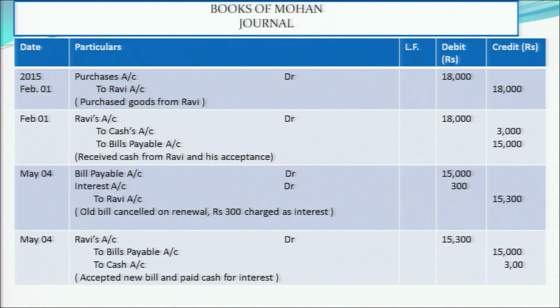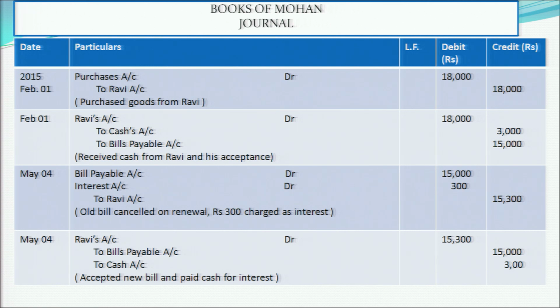Now what would be in the books of Mohan? Same, he has purchased the goods. So purchase account debit to Ravi's account. Ravi's account debit to cash account and bills payable, because he is paying cash of rupees 3,000 and he is asking for a 15,000 bill. But at the time of maturity, he is not able to pay the amount. So bills payable account debit, interest account debit to Ravi's account.